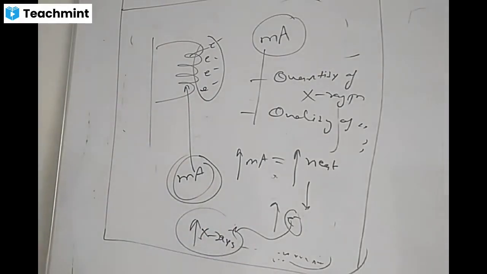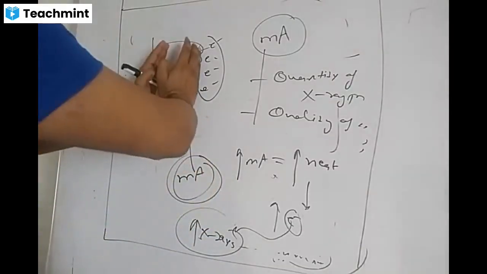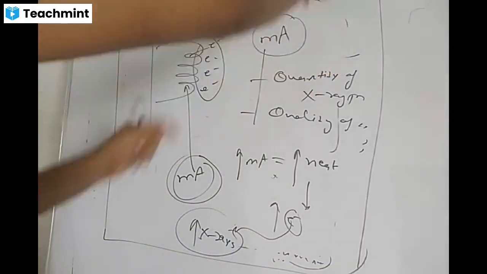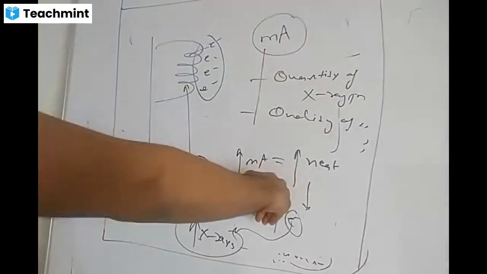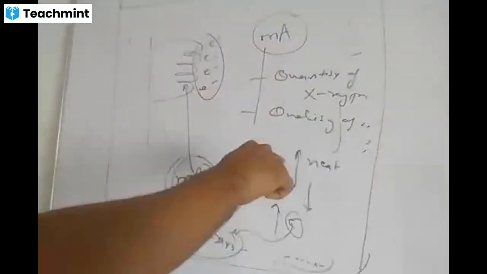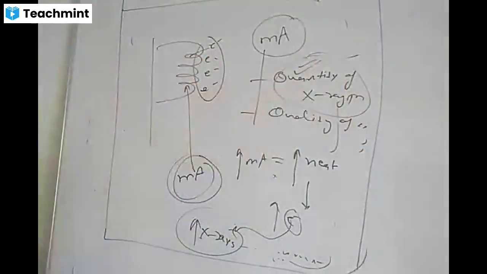So if we increase the mA, we heat the filament, more electrons come out, more move toward the anode, strike the anode, and what comes out? X-rays.